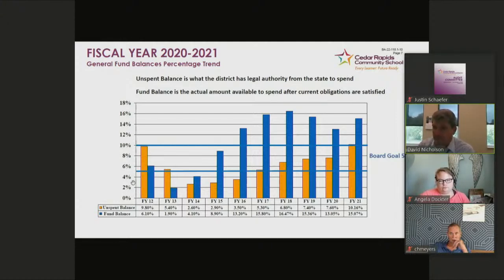We didn't have enough money in our general fund to make our summer payrolls. We were either borrowing funds through anticipatory warrants, or we were borrowing funds within the district from other funds like SAVE or PEPL to make our payrolls in the summer, because we did not have the fund balance to do so. So there's a conscious effort to increase cash reserve levy to help our fund balance, which then also helped our solvency ratio to get to where it's at today.